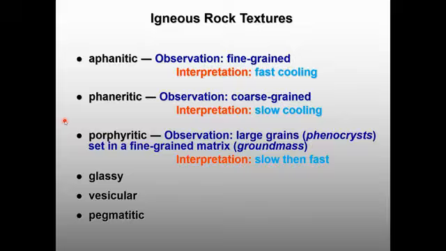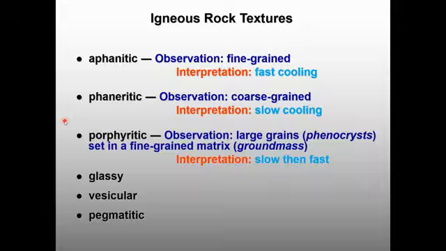When you have a lot of time, those crystals can grow bigger and bigger. And then porphyritic rocks, being a combination, cool slow. The magma's cooling slowly underground, and then a volcano goes off, and the rest of the magma cools fast, trapping the slow cooling part, the big phenocrysts, as we call them, inside that ground mass.